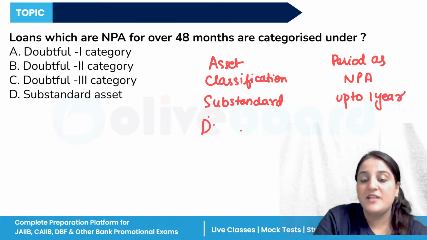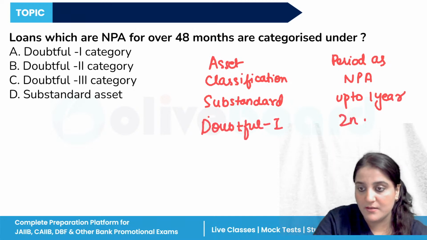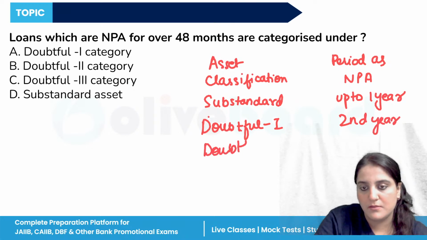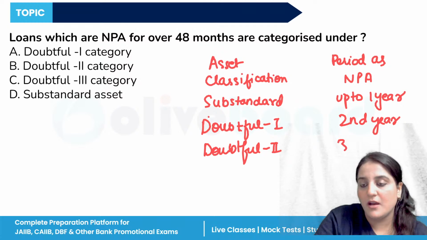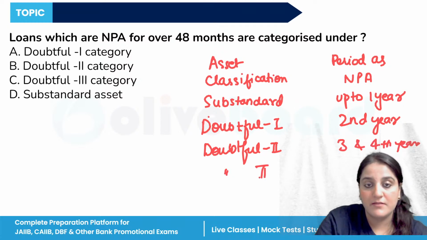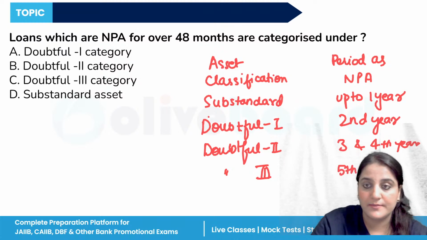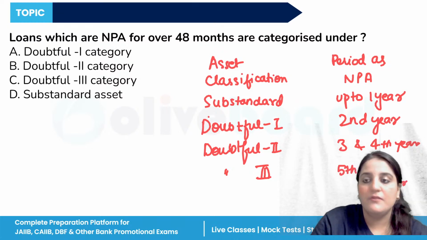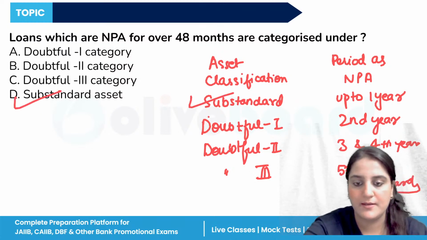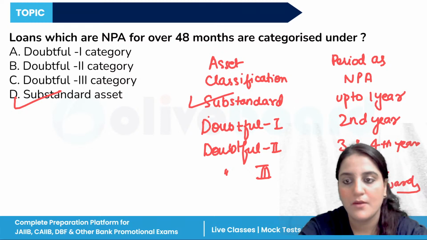For doubtful first category it is the second year, for doubtful second it is the third and fourth year, and for the third doubtful category it is the fifth year onwards. So 48 will come under the substandard category. Option D is correct here. Okay, option D is correct.